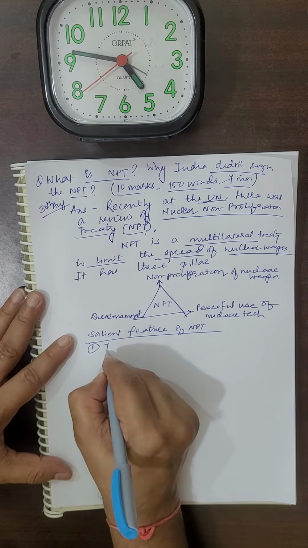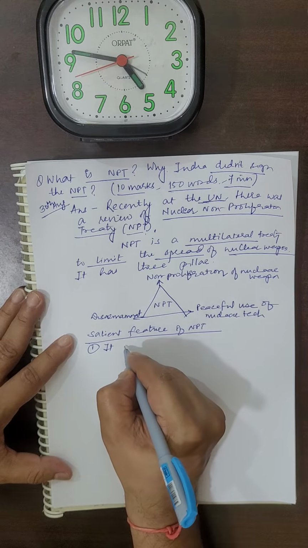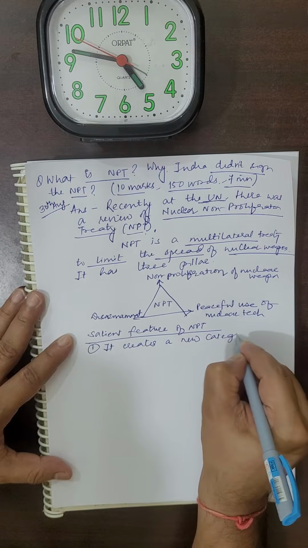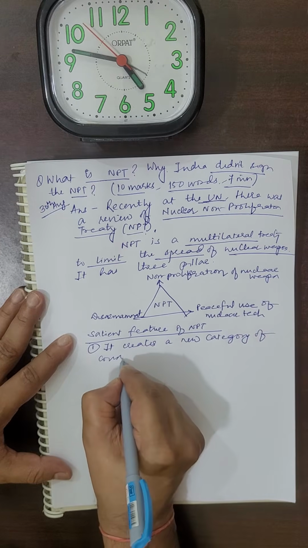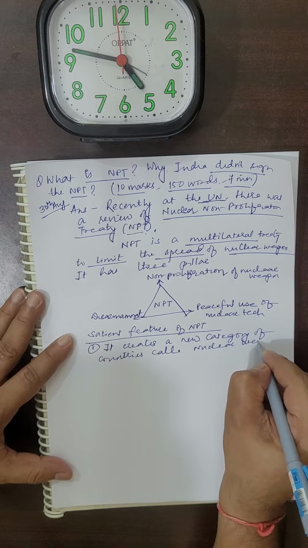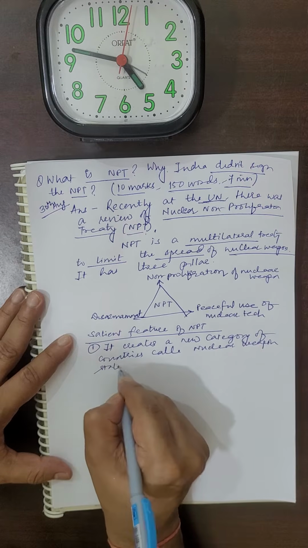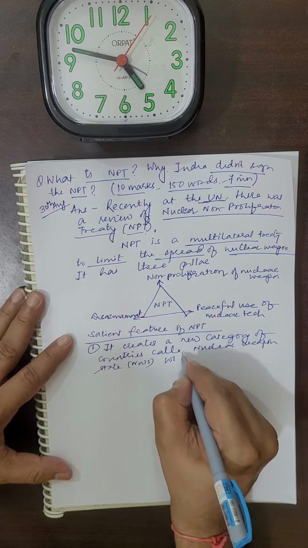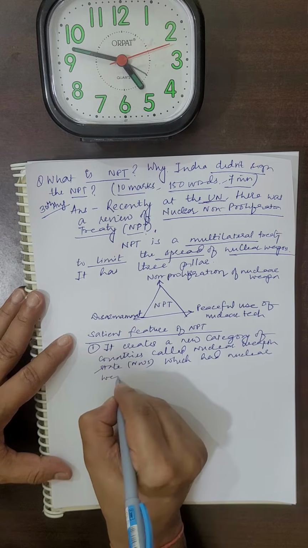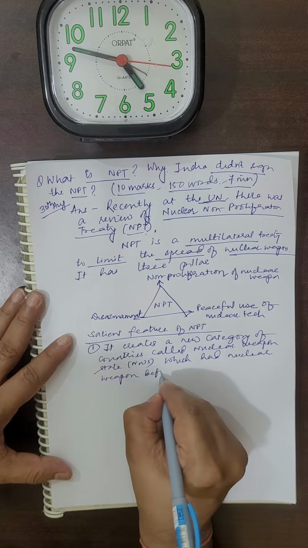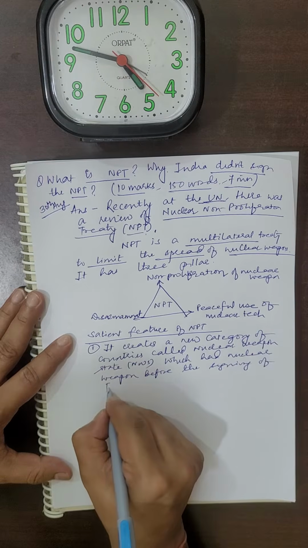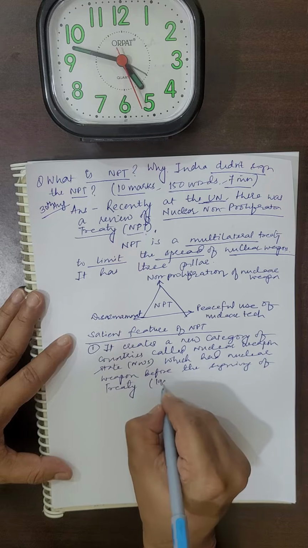First salient feature is what? It creates a new category of countries called nuclear weapon states, NWS, which had nuclear weapons before the signing of the treaty, which is 1968.